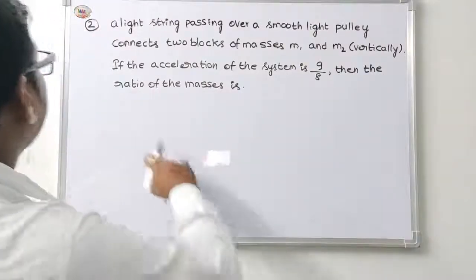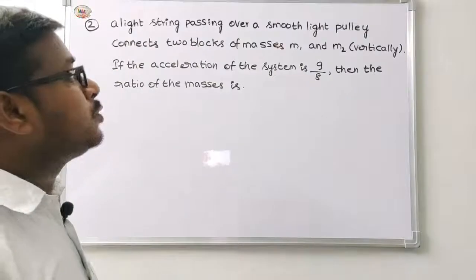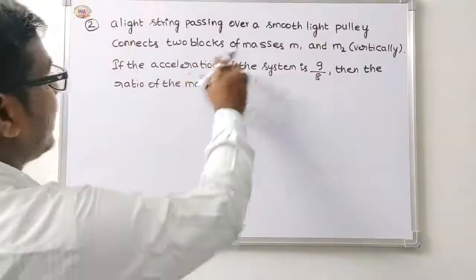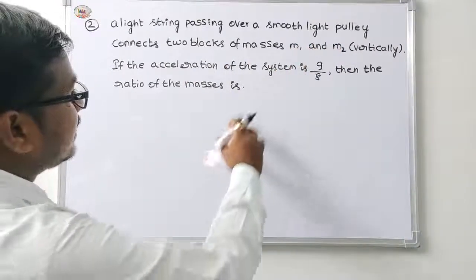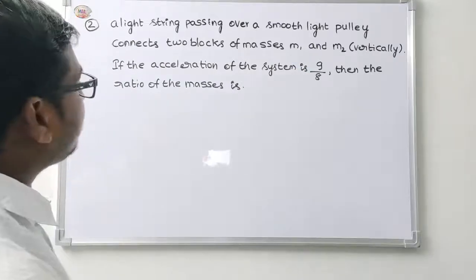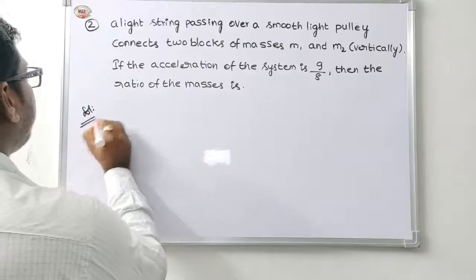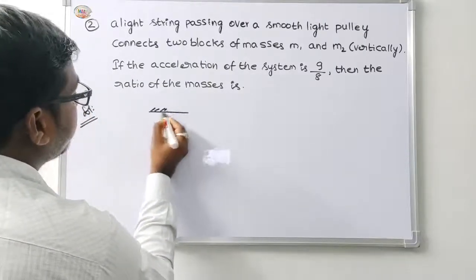Okay, second problem: a light string passing over a smooth light pulley connects two blocks of masses m1 and m2 vertically. If the acceleration of the system is g by 8, then the ratio of the masses is. Very simple, this is the pulley problem. First, draw the diagram.